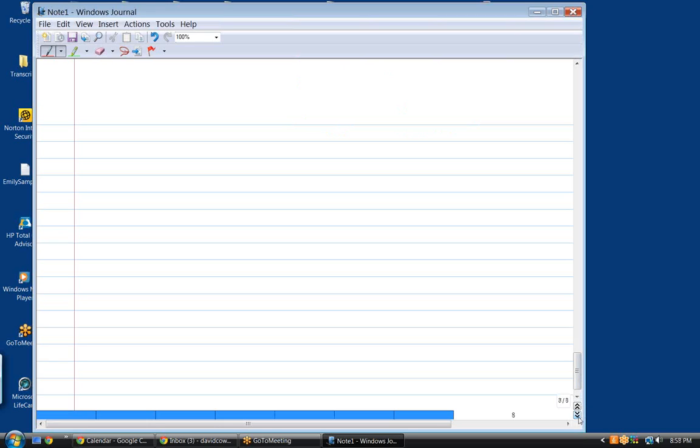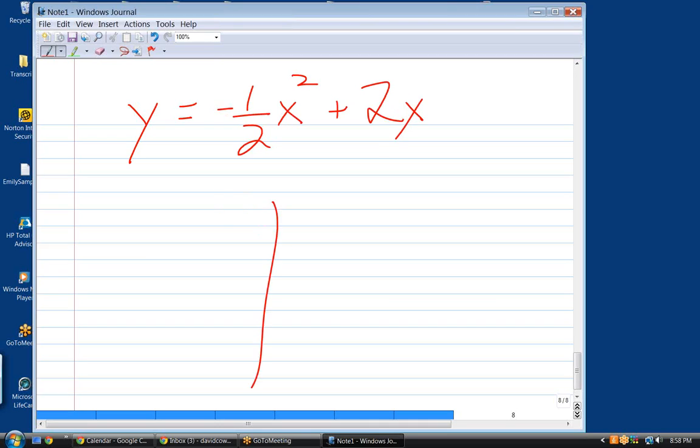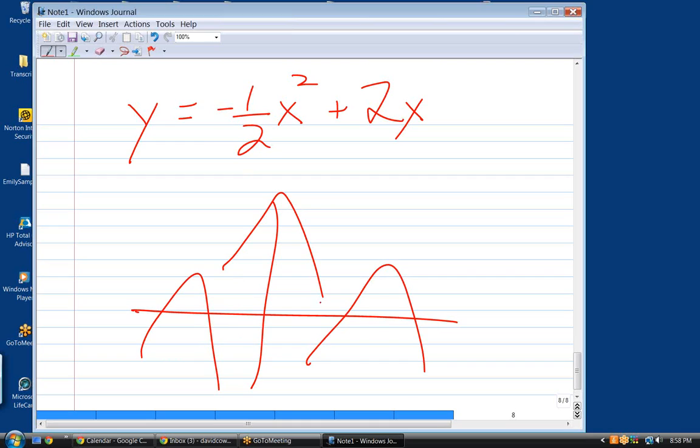So what's this next one? It says find the number of x-intercepts of the graph of the function. So it says y equals negative 1/2 x squared plus 2x. That's going to graph to some kind of a parabola that's pointing down, right? Now, I don't know where it is, but there are two places where it crosses the x-axis.